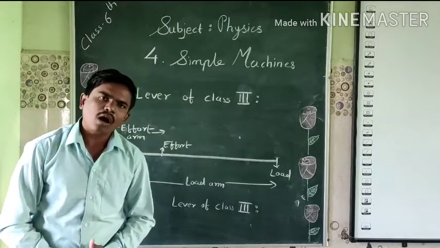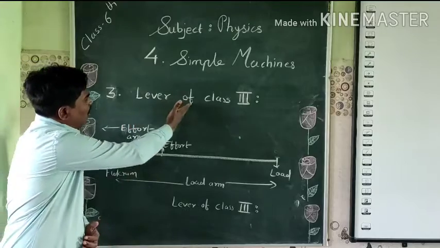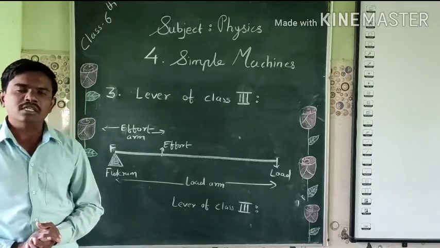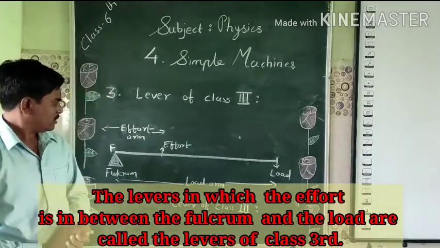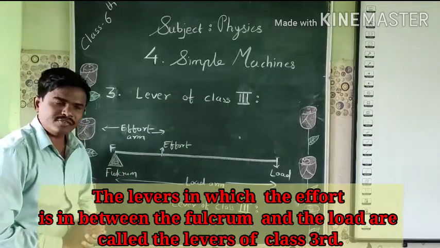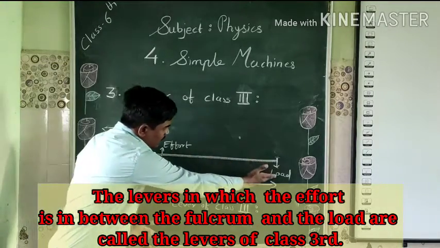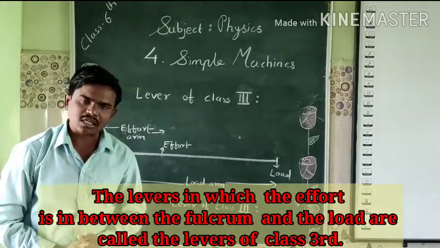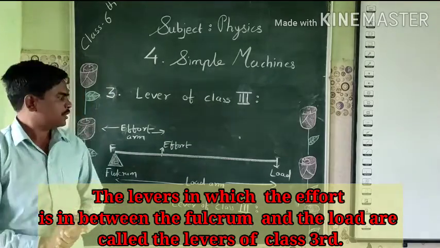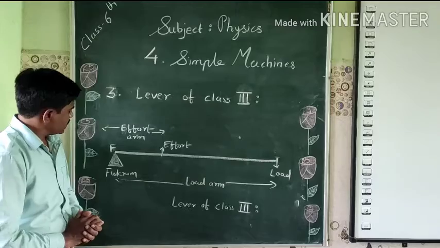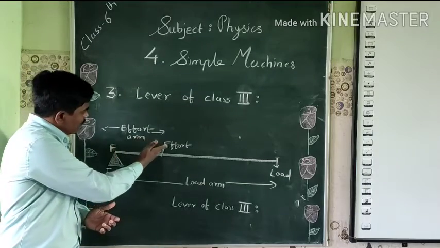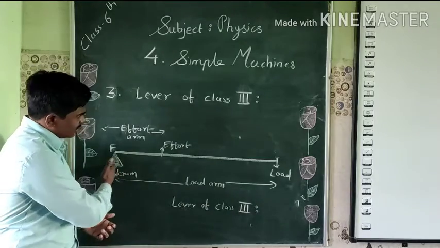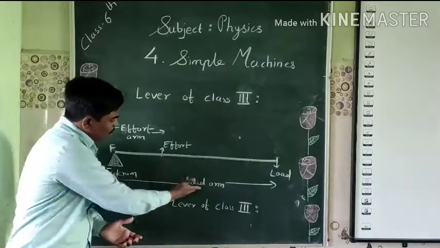Now students, we will talk about the lever of class third. We define the lever in which effort is between fulcrum and load as lever of class third. In this figure, you will observe that the distance from fulcrum to effort is called effort arm, and the distance from fulcrum to load is called load arm.